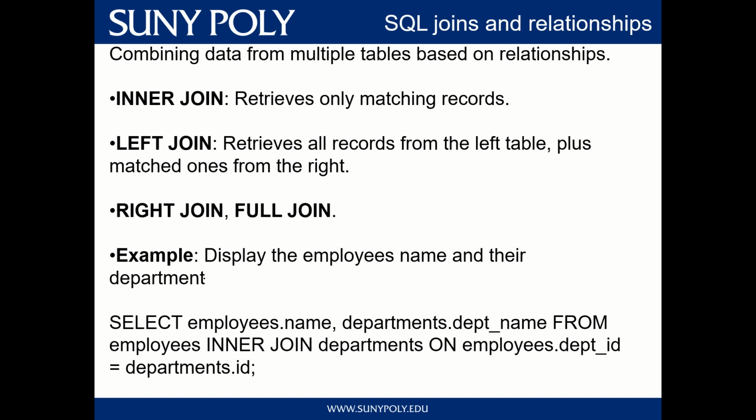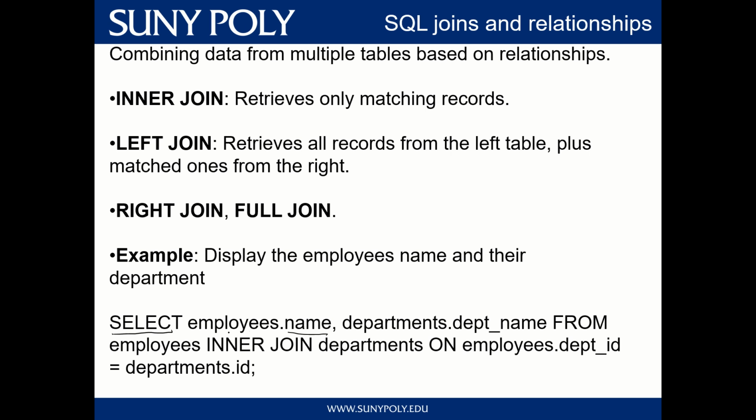Let's see an example here. Display the employee's name and their department. Here we have two tables, one for the employees and a different one for the departments. So the query starts with select, from the table employees dot name.